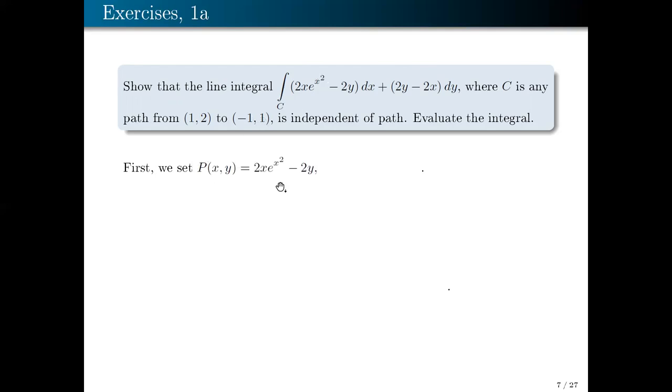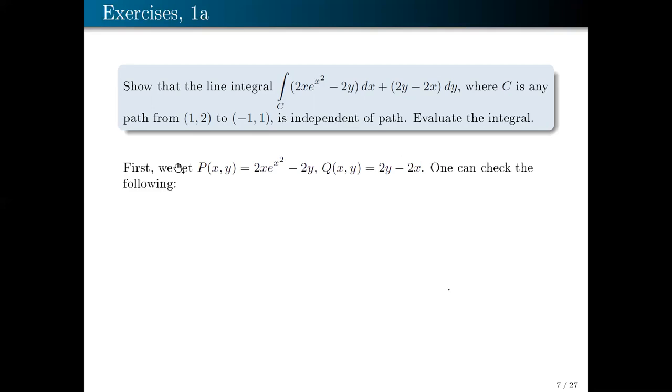So we have P equal to the first component, 2xe to the x squared minus 2y, and Q equal to 2y minus 2x. Here we check if your vector field PQ is conservative, and in the 2 variable case, we can do that by checking if Q sub x, the derivative of Q with respect to x, is equal to the derivative of P with respect to y.